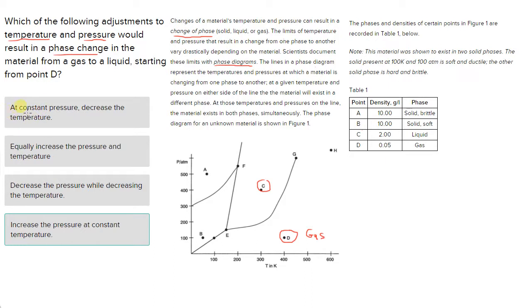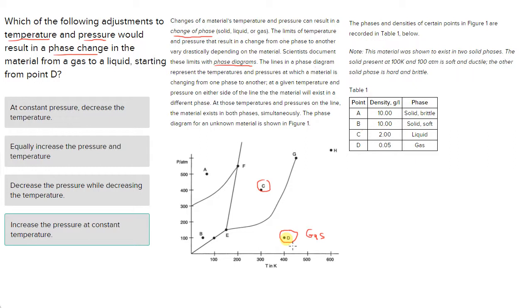Let's start with the beginning. At a constant pressure, decrease the temperature. On this axis, temperature increases this way, and pressure increases this way on the y-axis. So at a constant pressure, with pressure remaining exactly the same, we would decrease the temperature.